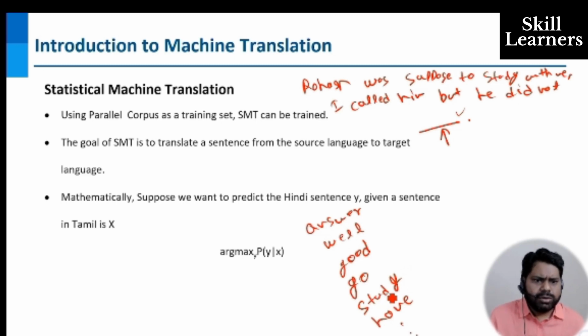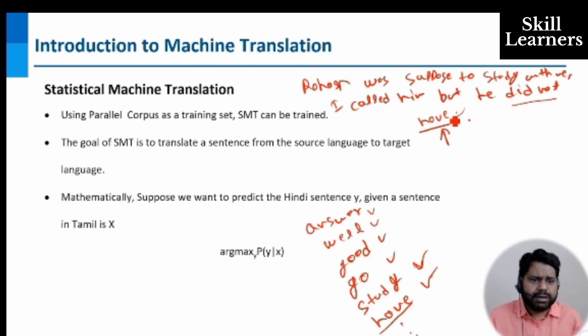So with "did not", what is the word whose frequency is highest? Since we know the English language, we can understand that "have" has the highest frequency. So if we write "did not have", with the probability we are able to fill in the next word, but is it making sense?